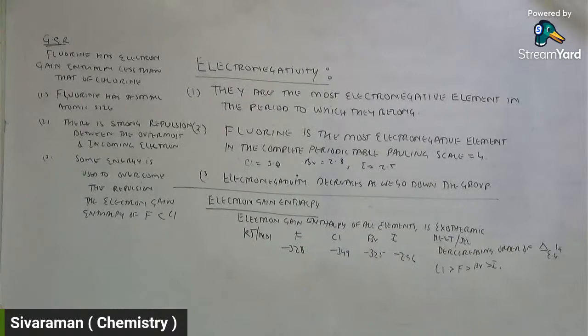And the reason is that it's using its own energy. Atmanirbhar, you know what they are saying. Internal resource only it is using to overcome the repulsion. You got the point? It's not getting energy from outside. It's recycling the energy inside. Okay? So this is the reason the energy is used. Some amount is used up. So then the net energy released will be less.